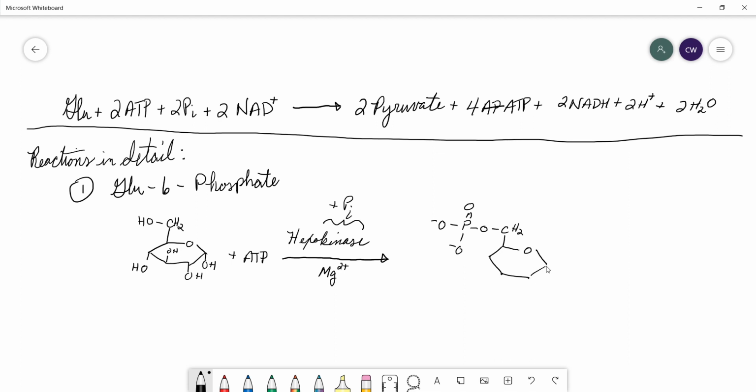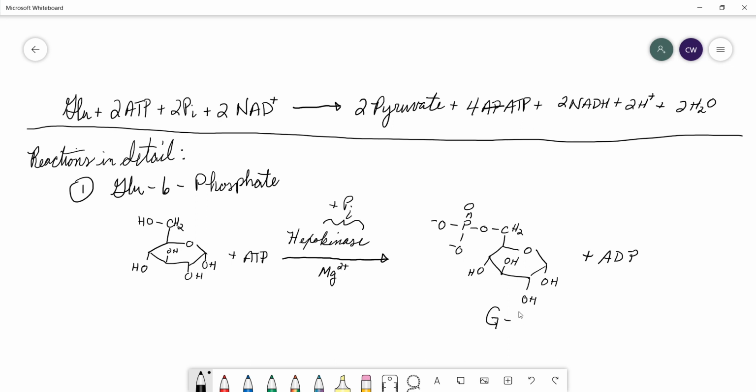And forgive my sloppy structures on the whiteboard. Plus 1 mole of ADP. All right, so this would be glucose 6-phosphate.